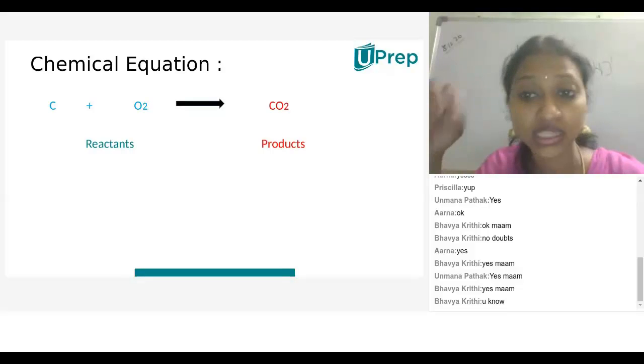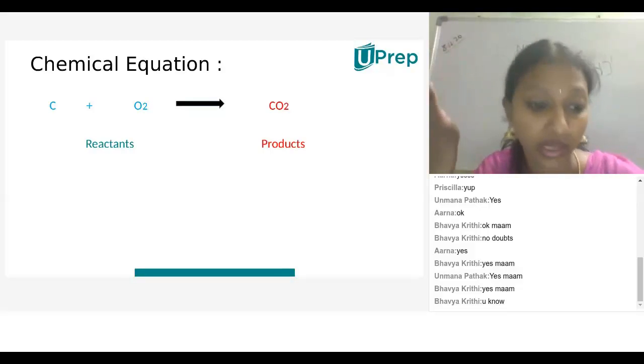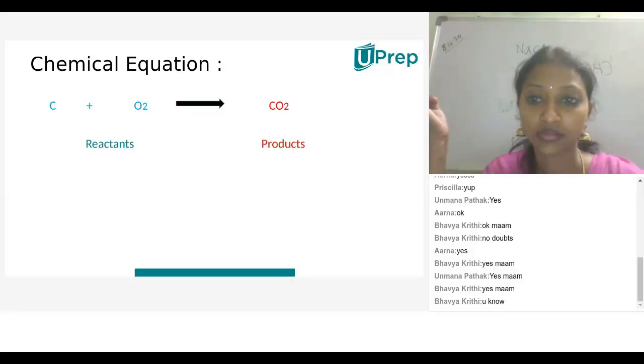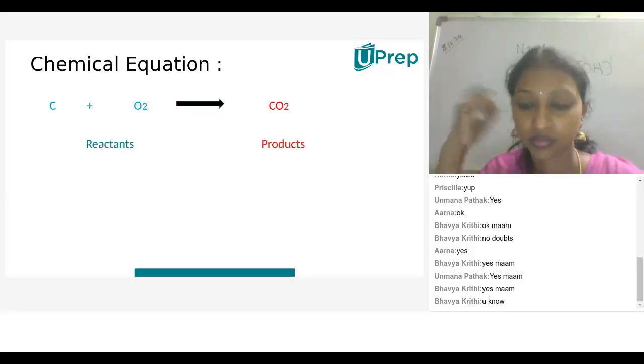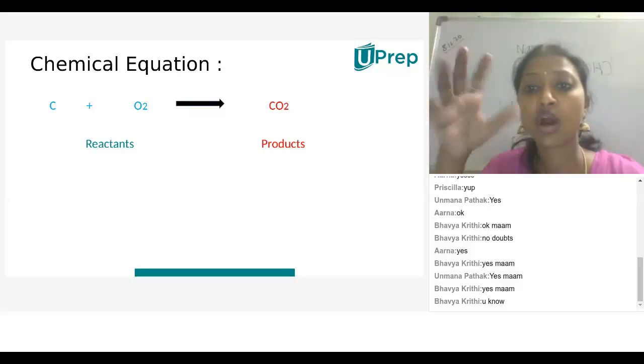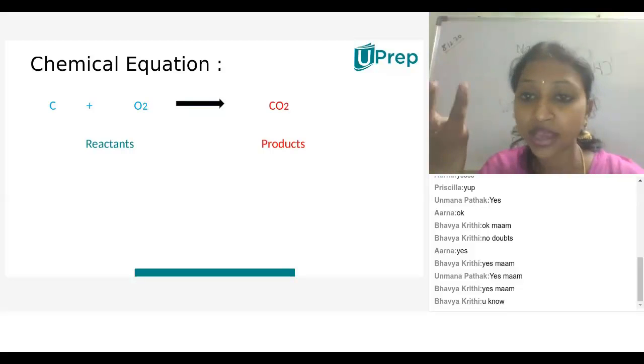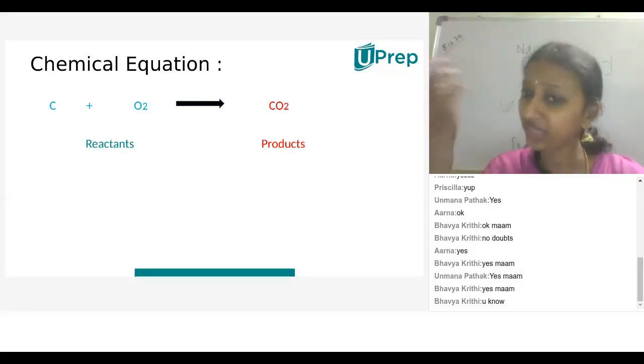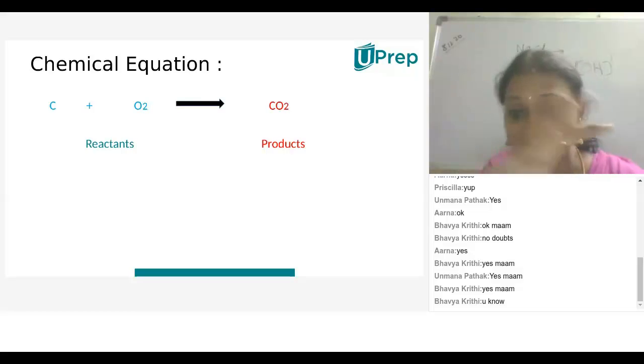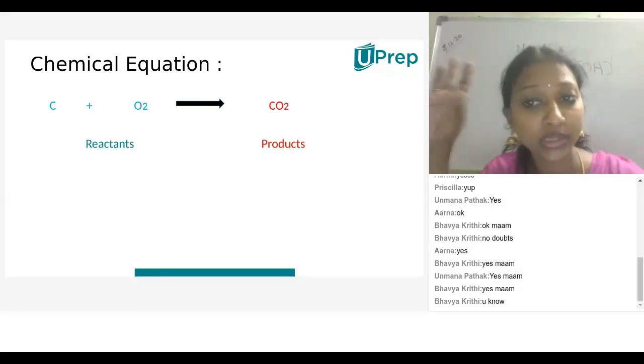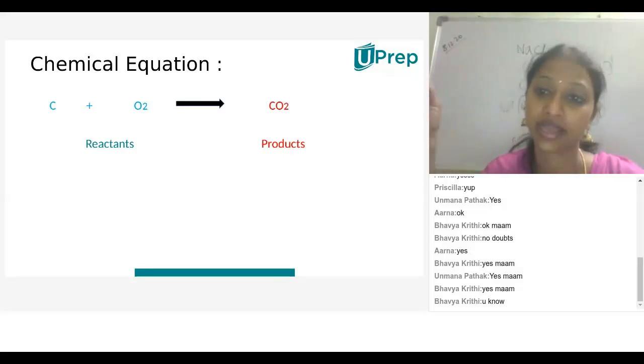By seeing the ingredients, we can get an idea about the product. If I want to bake a cake, with sugar and flour, eggs and essence, by seeing the ingredients you'll know it's a bakery item, a cake.